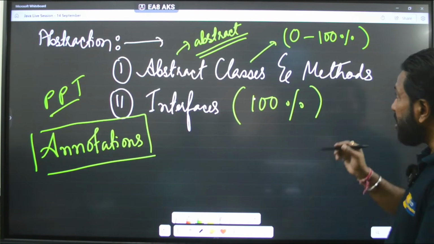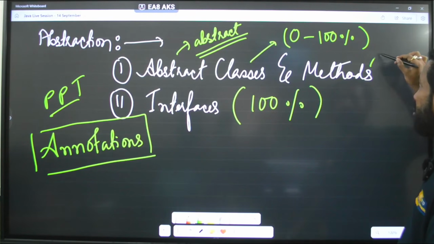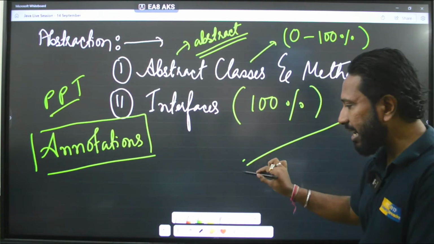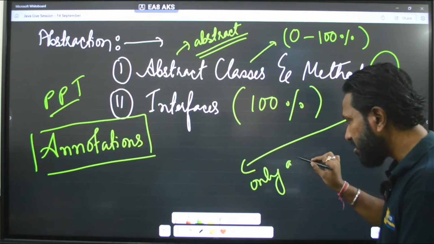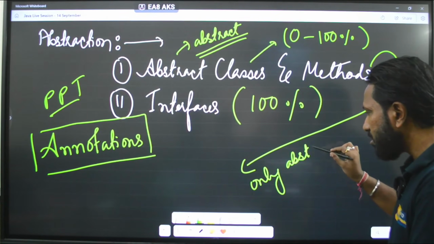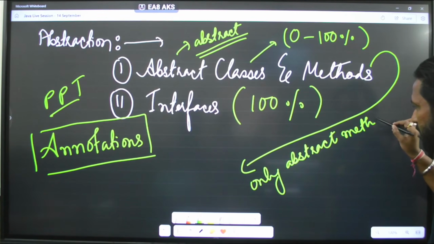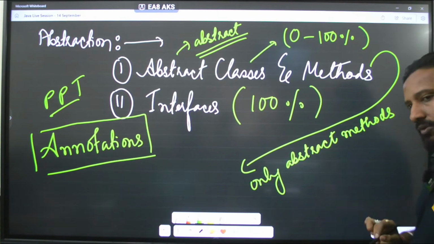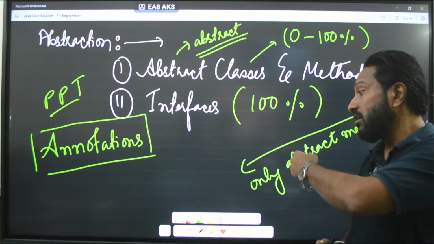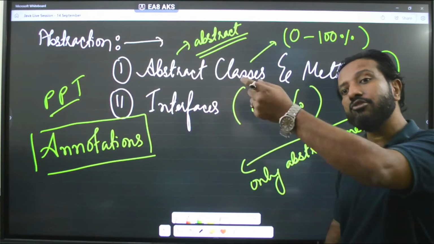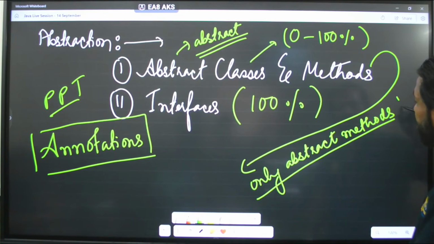Because I will just tell you in a very shortcut way, please remember this. When an abstract class has only abstract methods, the implementation of which has to be given in the child class, then it is 100%.